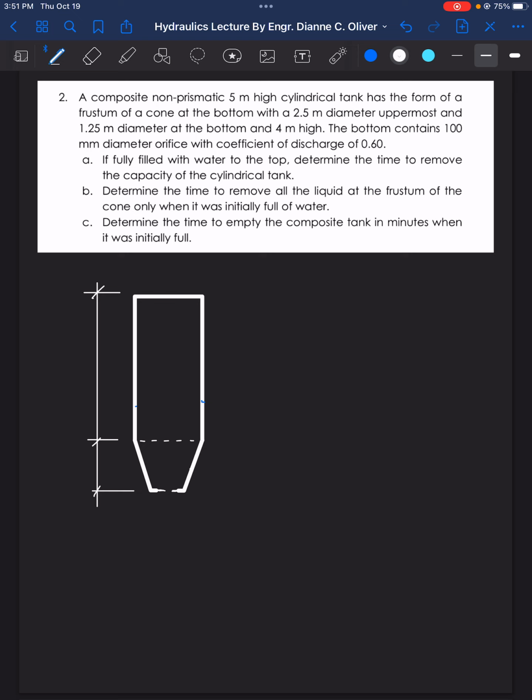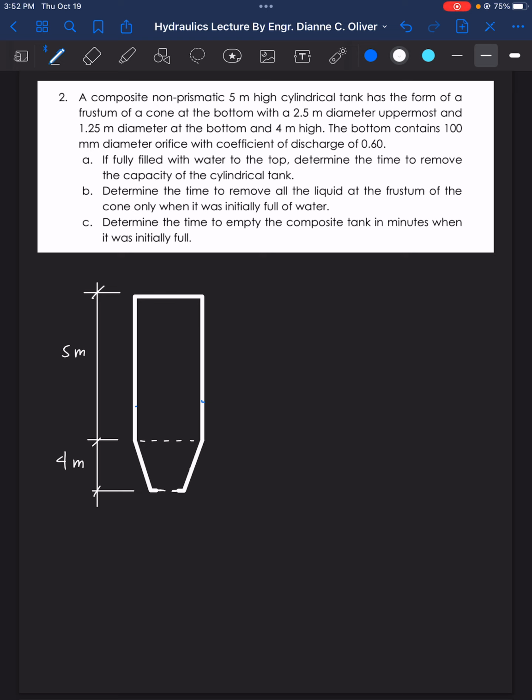Okay, so this is our composite non-prismatic cylindrical tank and it has a frustum of a cone, so this one here, at the bottom, and it is filled with water up to the top. And this is a 5 meters high cylindrical tank, and then a 4 meters high frustum of a cone.